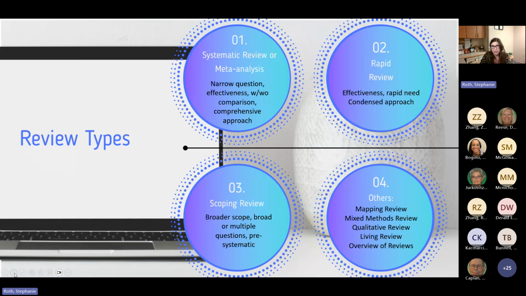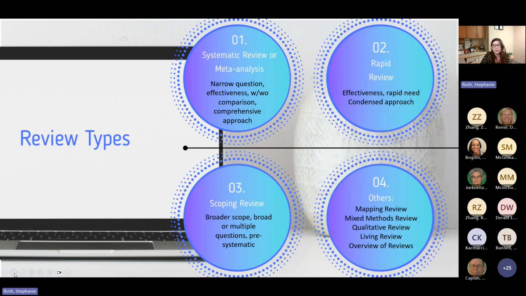And then the rapid review. Sorry, I don't know if I mentioned that the systematic review focuses on a very narrow question, so you shouldn't have a really broad question for them. And they're comparing effectiveness, so it's either the effectiveness of one intervention or the comparison with another. It could be a treatment. So it takes a more comprehensive approach as well.